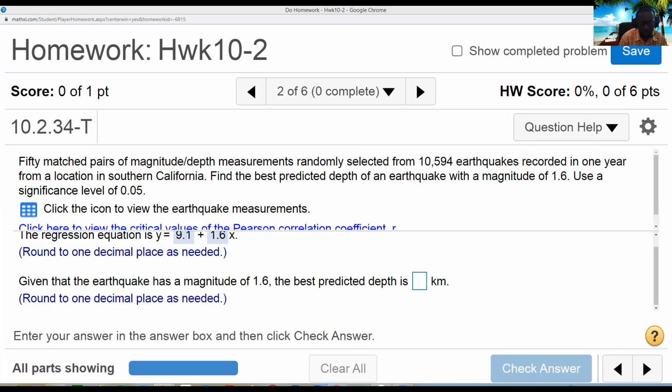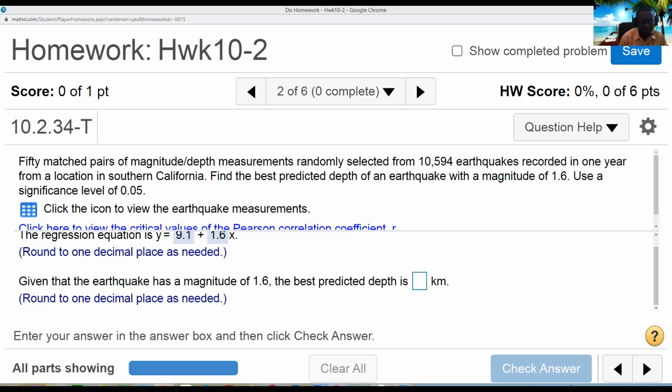P-value is 0.0661. So you notice that in this case, the p-value is greater than 0.05. So reject the what? Do not reject H0.